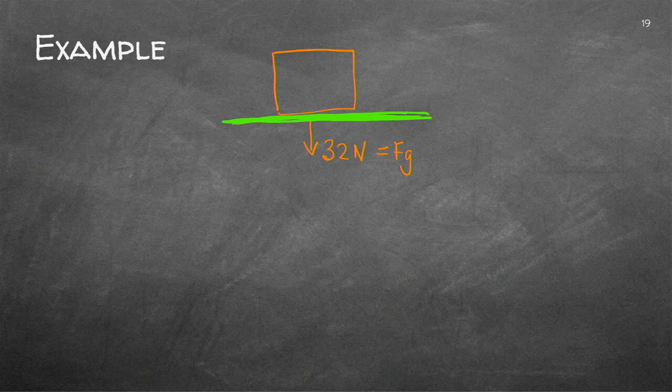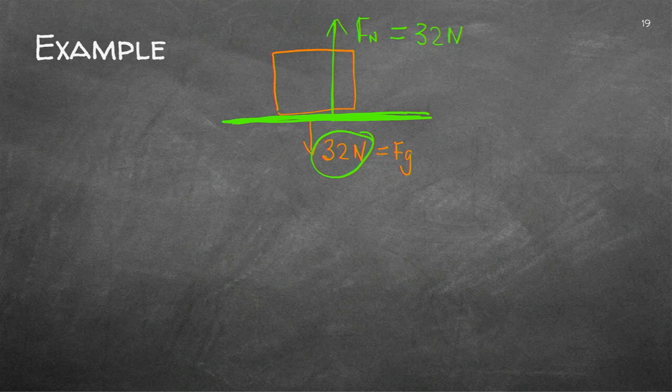And if I have a surface, you know by now, I also have a normal force. Now, if this block is lying there, what will the normal force be? Well, it will be exactly the same as the downward force. So that will also be 32 newton because it's just lying there.